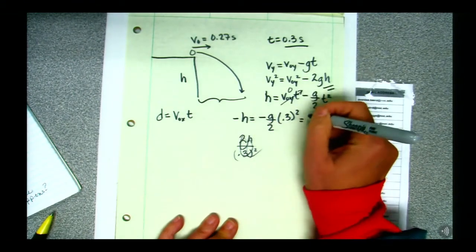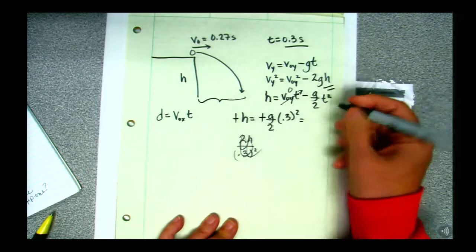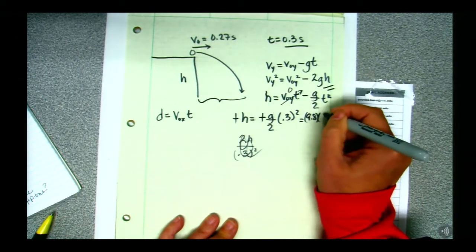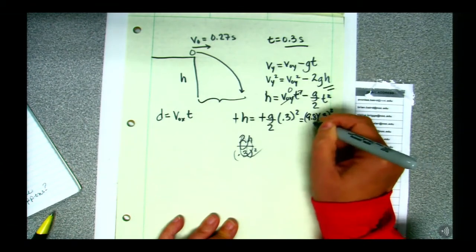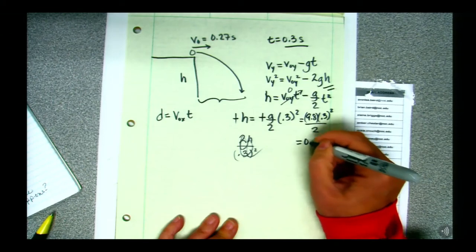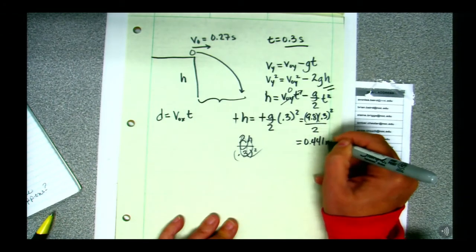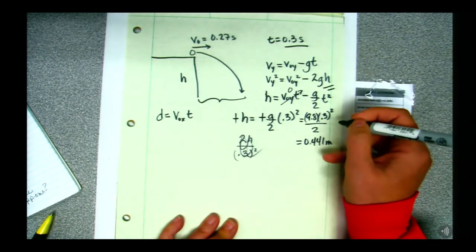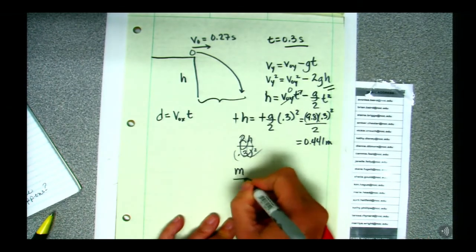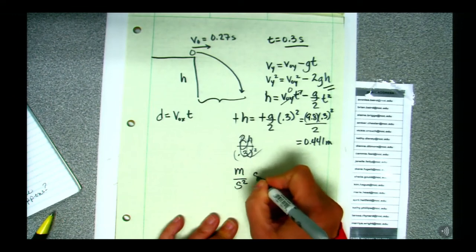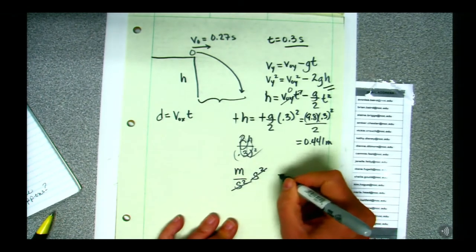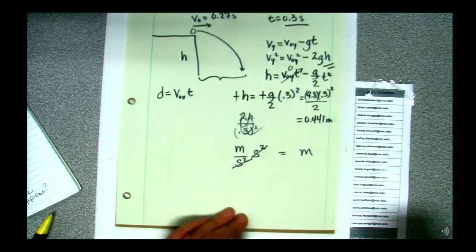I'm going to have two negatives, so that becomes positive, so I get 9.8 times my 0.3 squared divided by 2. And when I plugged that in the calculator, I got 0.441 meters. And if you double check your units, I've got gravity in meters per second squared times seconds squared. Seconds squared cancel, and I end up with meters, so I know I've got my units straight.